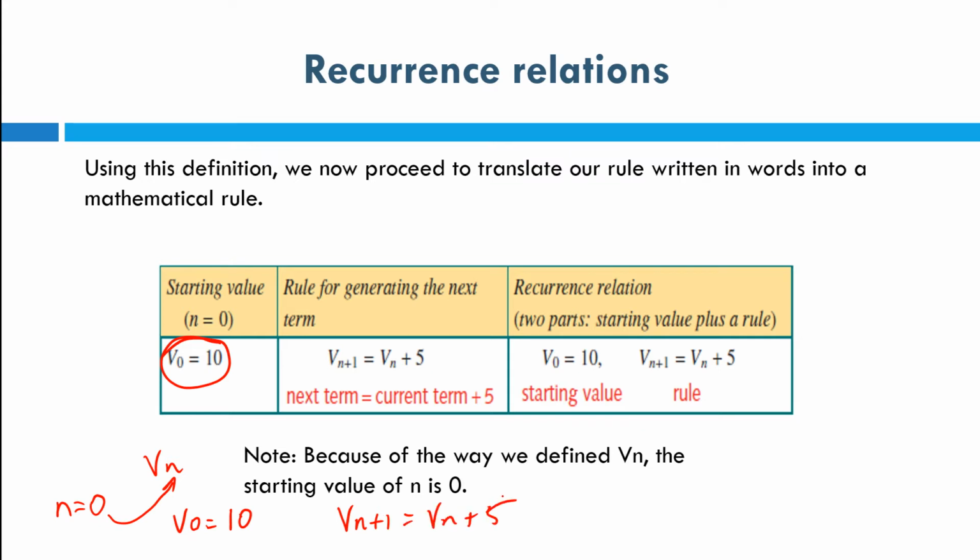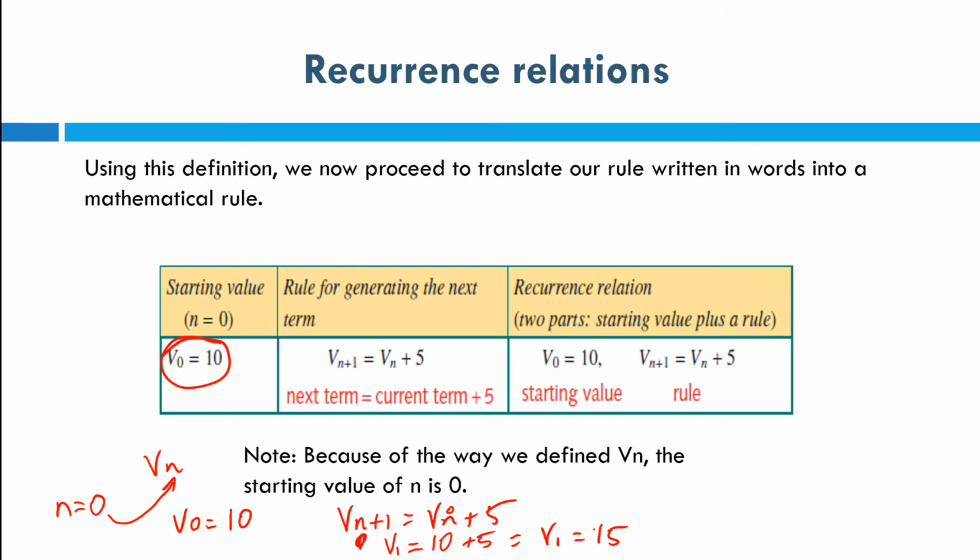So we're starting at 10, that was V0. 0 plus 1 gives me 1 for V1, so that's our next one. V0 was 10, and then plus 5 gives me V1 is now equal to 15. And then we continue that for the next one and the next one.